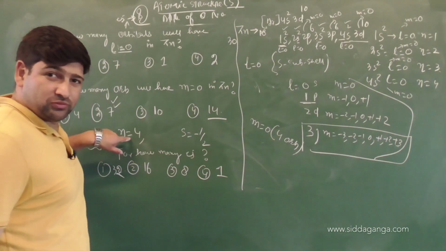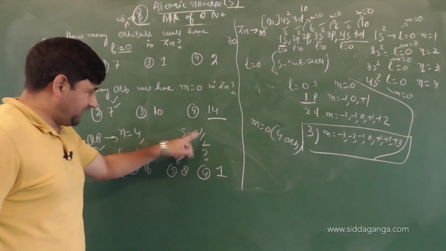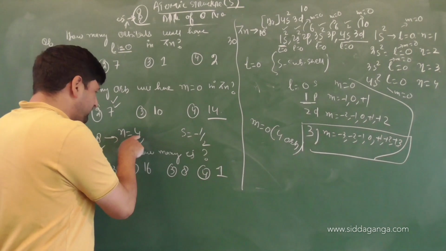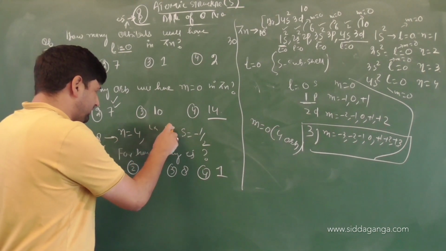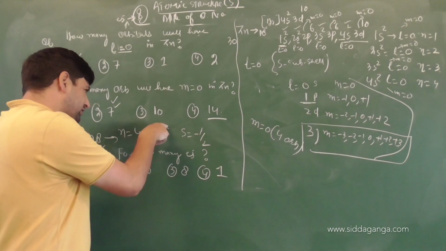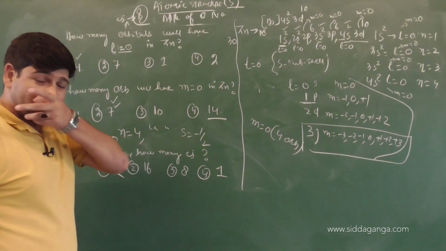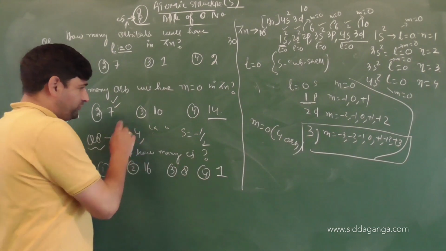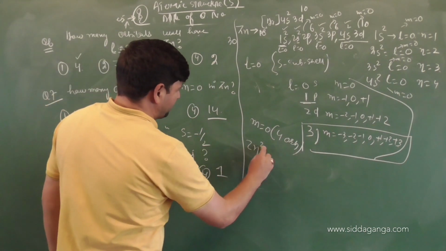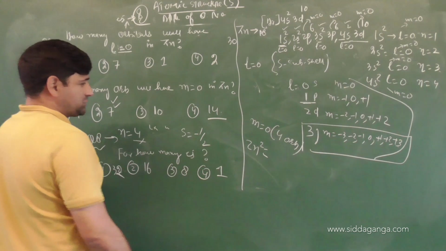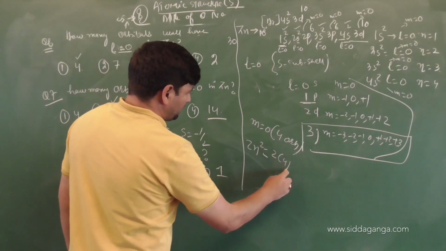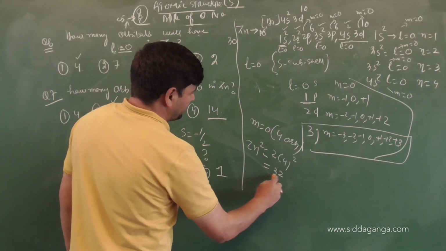What is the n value given to you? 4. S value is minus half. When the n value is 4, L is not given and M is not given. That means the whole of the L values and the whole of the M values you have to take. There is no need to go to L and M. Here, what is the n value? 4. We know according to the 2n square formula, when the principal quantum number is 4, how many electrons will go? 2 into 4 square. That makes it 32 electrons.